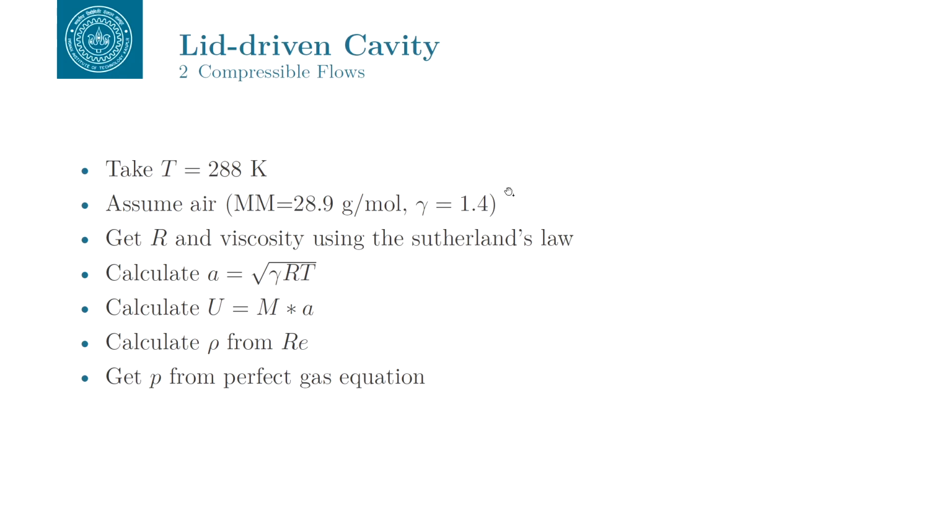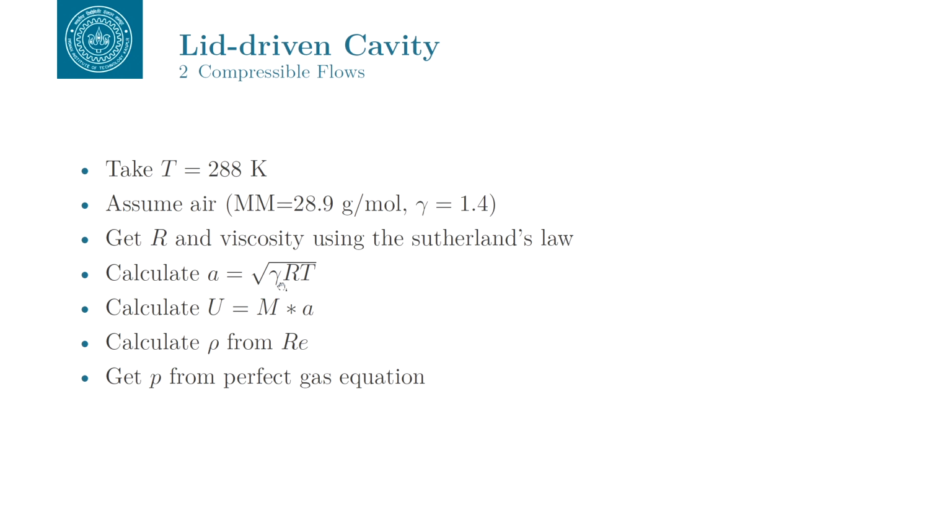You know the universal gas constant, 8314.5, and you know the molecular mass, so you calculate the specific gas constant, which is R. Calculate the viscosity using the Sutherland's law, calculate the speed of sound using square root of gamma R T, calculate the velocity, which is Mach number multiplied by this speed of sound, and get the rho from Re, because Re equals rho u L by mu. You know everything except rho, so get rho from Re, and get P from the perfect gas equation, P equal to rho R T.